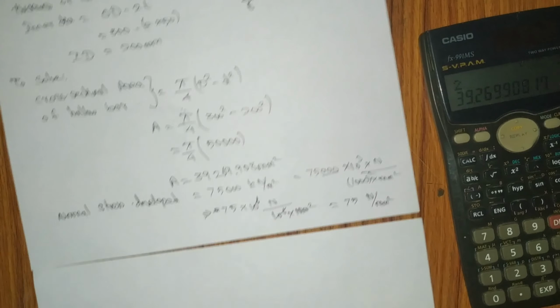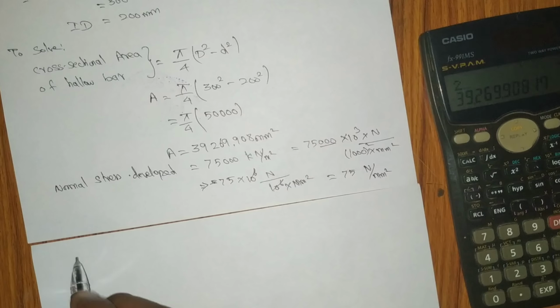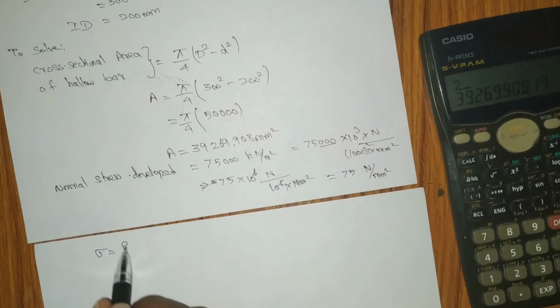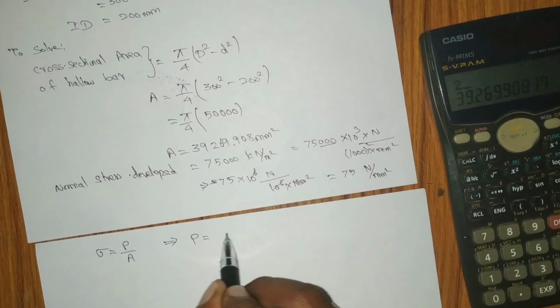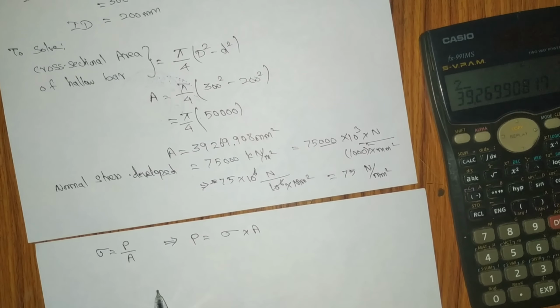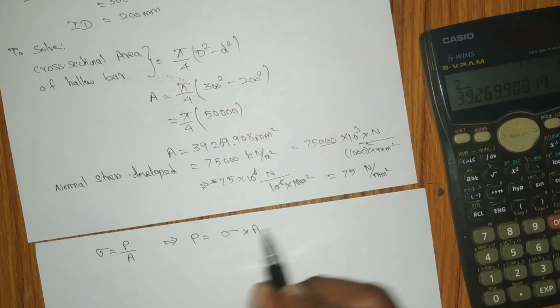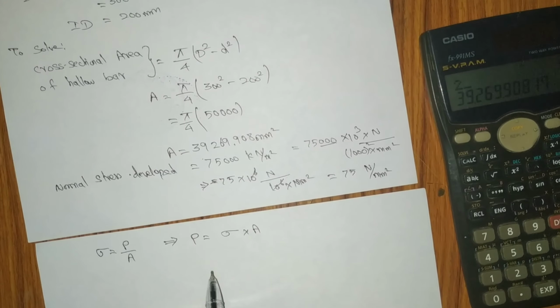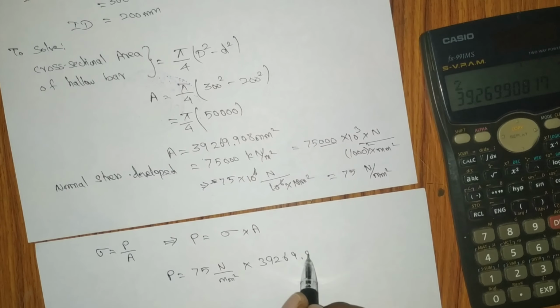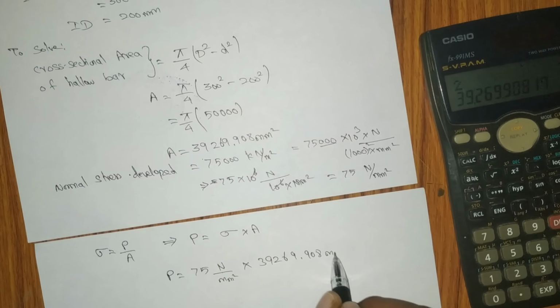So the normal stress is given, and then we'll go for the load. Stress will be load by area, or we can write load equal to stress into area. We know the stress, 75 Newton per mm square, into the area 39269.908 mm square.